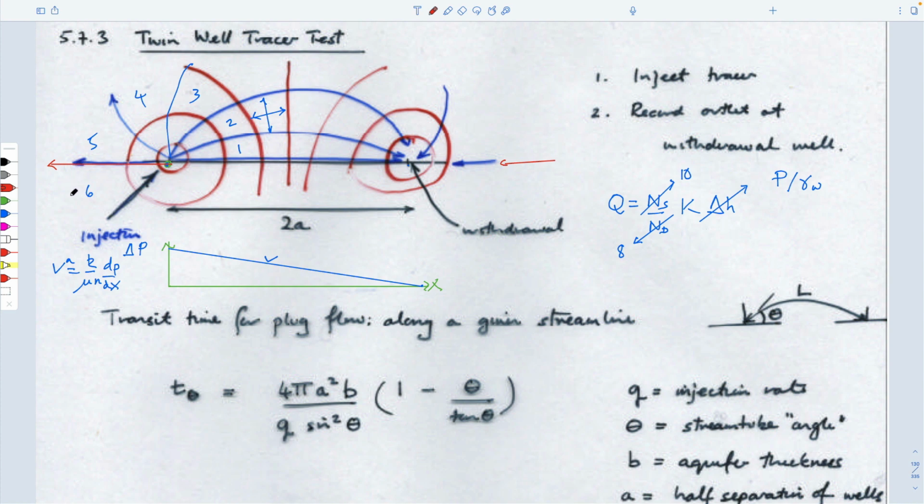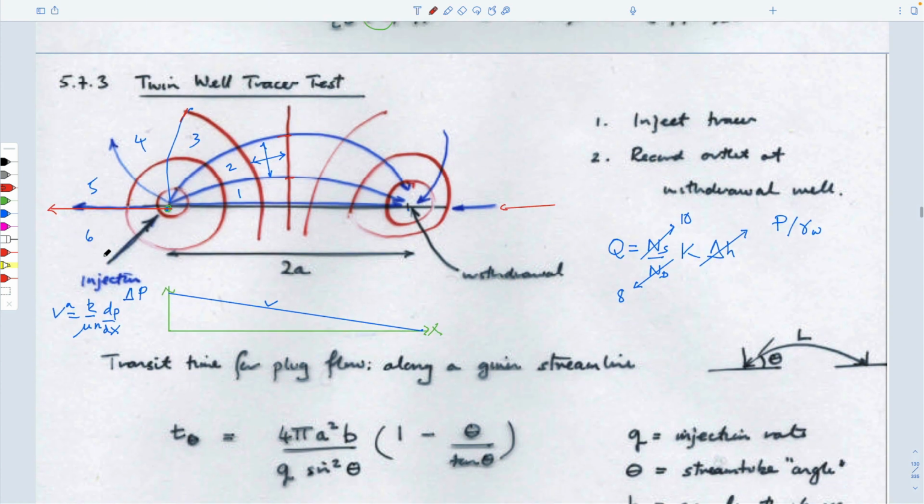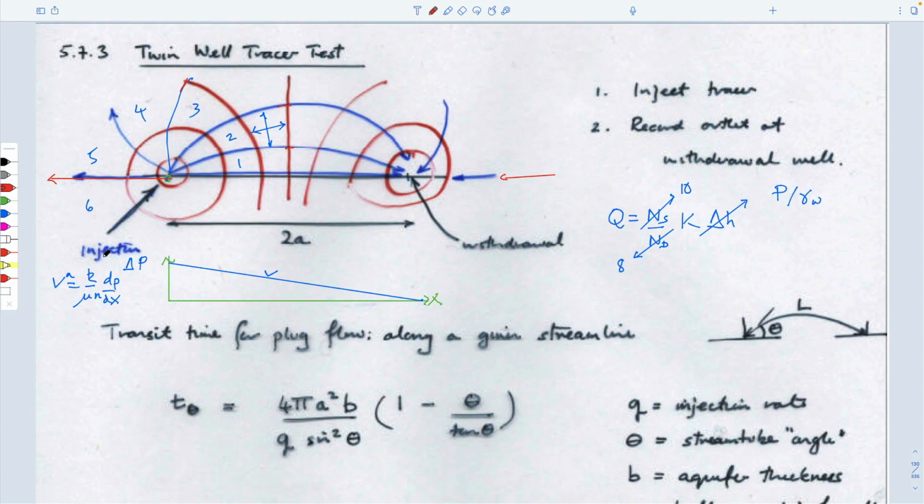And so the fastest one would be on the direct path. This would be slower. This would be slower still. This one would be even slower, and this one even slower. And so you could think of this as an exact representation of what we talked about before about geometric dispersion. So the arrival time on this flow pathway will be first.